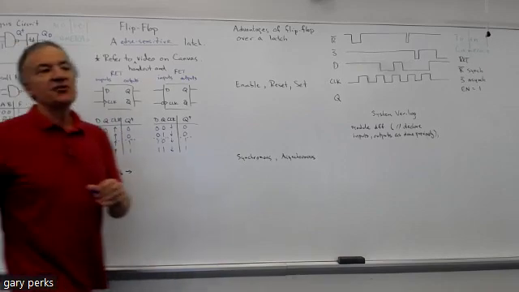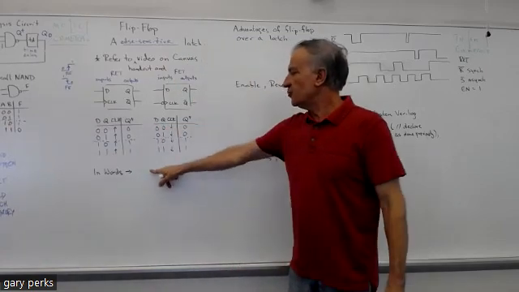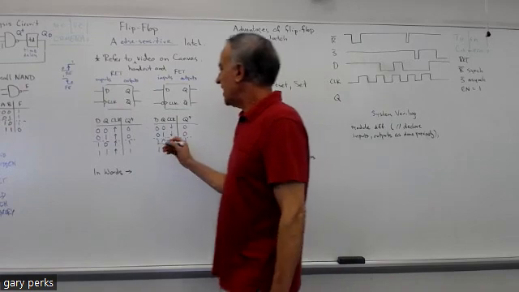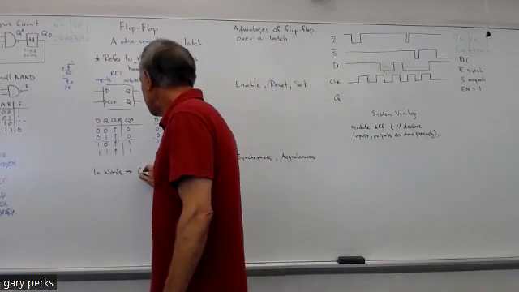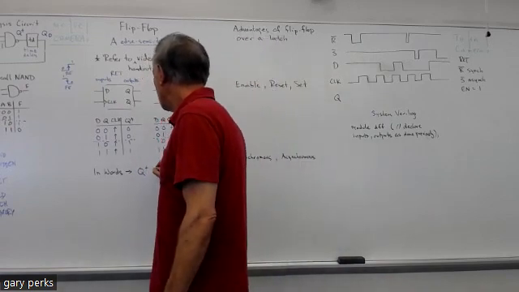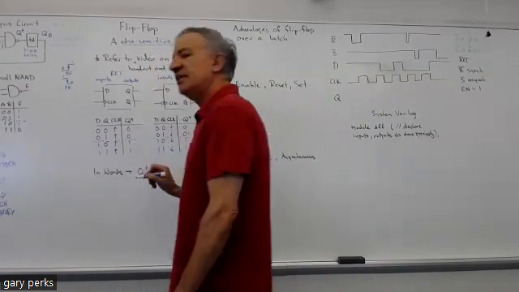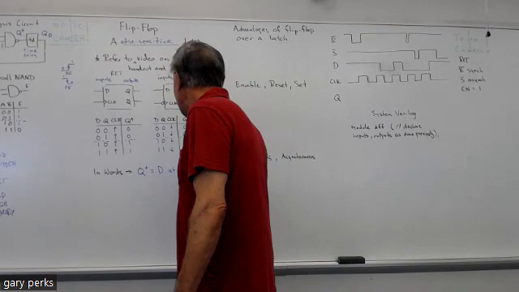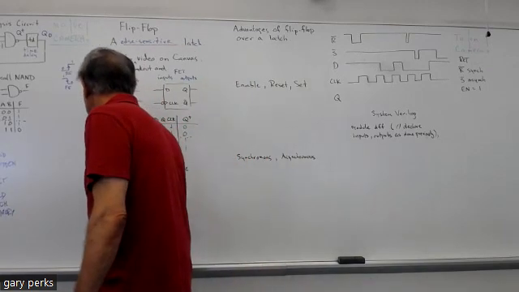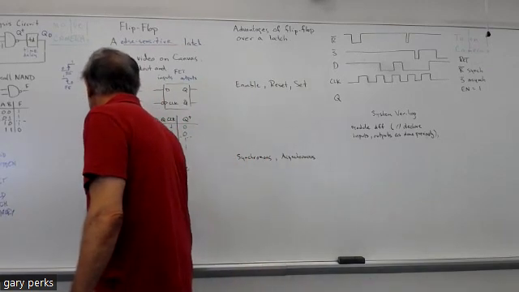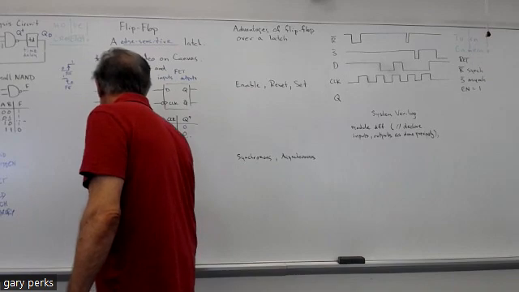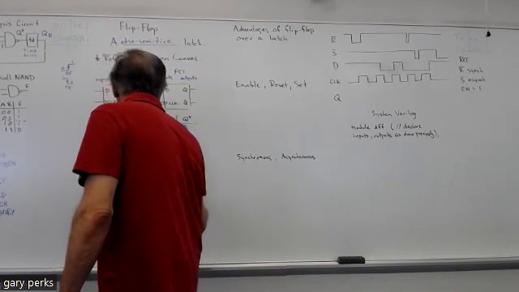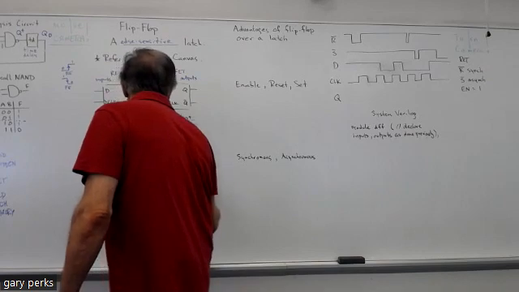So the way that you can summarize in words how these flip-flops work is that next state of Q will equal input D at the time of the appropriate clock transition.